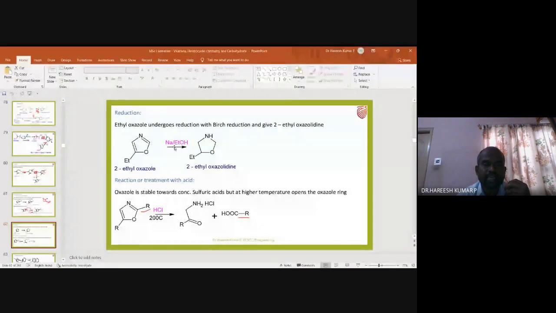If one electron comes over here, this bond pair will sit on this nitrogen, and that can pick up a proton. Again, if sodium gives one more electron, then the 2 electrons can form a bond with the proton, and the ethanol will act as a source of proton. So in this reaction, sodium will act as a source of electron, and ethanol will act as a source of proton.